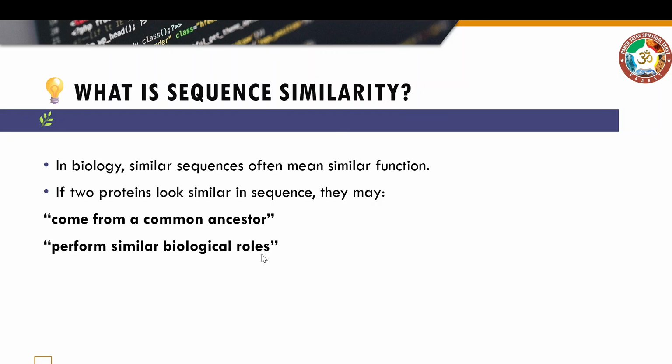Just like we have similar words in different languages, but their meaning and use are the same, sequence similarity means two protein sequences perform the same function because their sequences are similar.